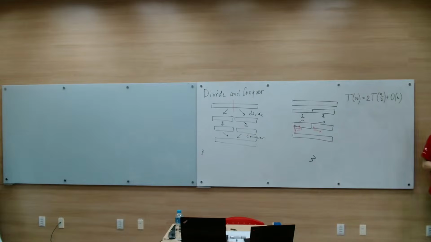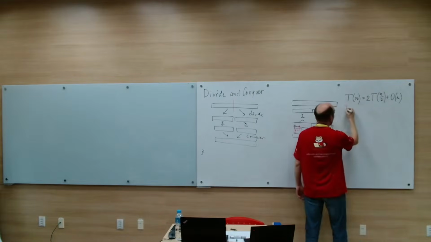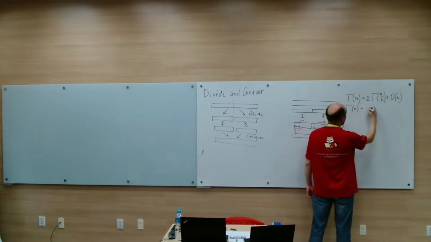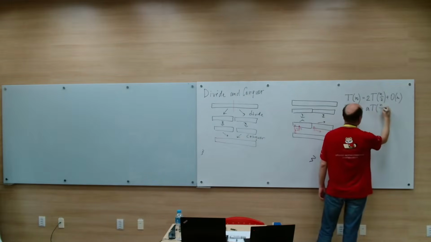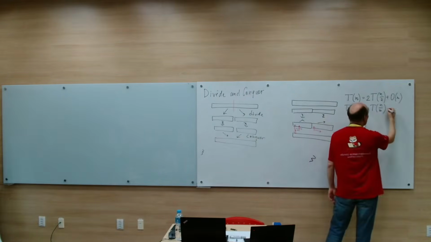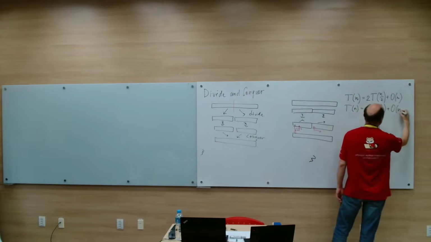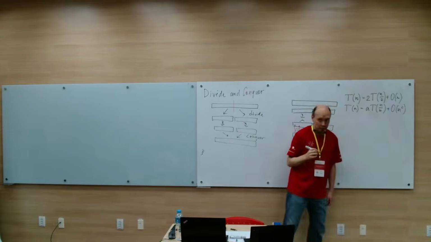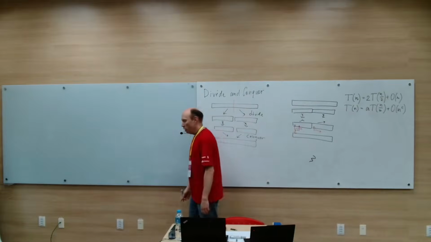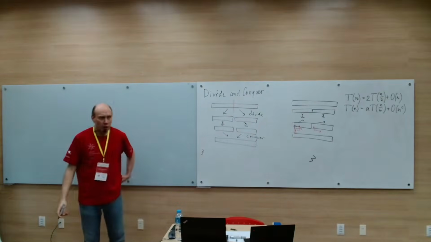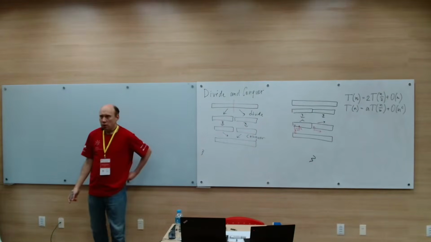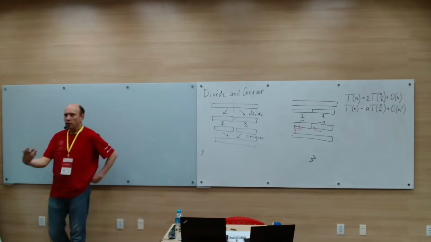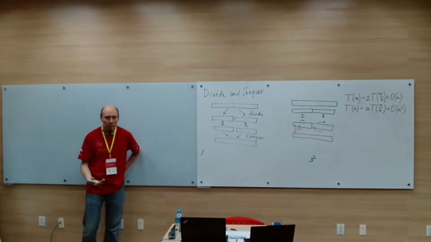So this kind of recurrence can be generalized to be like this: T of n is a times T of n divided by b, plus n to the power of c. This type of formula usually occurs when we are considering recursive algorithms of divide and conquer type.